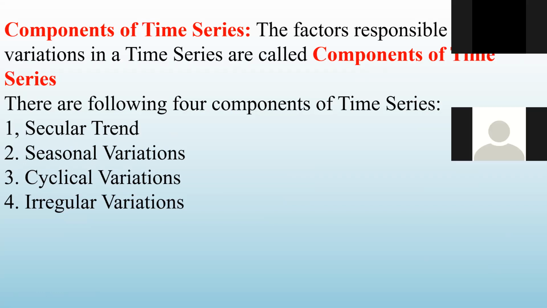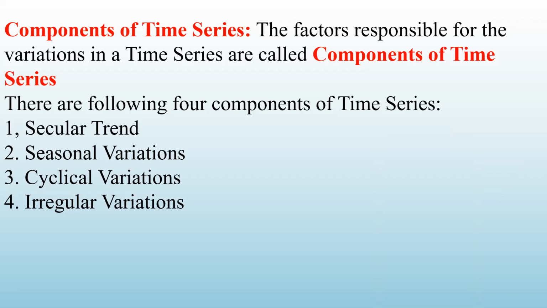It is a smooth and long-term movement of the data. The changes in the values are gradual and continuous. You can see an example of secular trend if you see that the demand for mobile phones is increasing over the years.